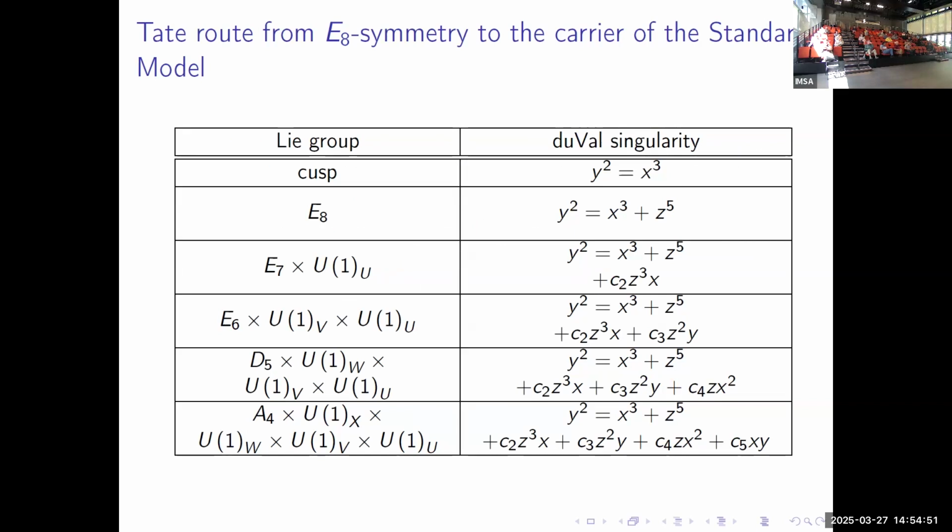Then as you add more terms to the tape form, the singularity associated changes, and what it looks like, you're adding U1s and decreasing the rank by 1 every time you add a coordinate to the tape form.